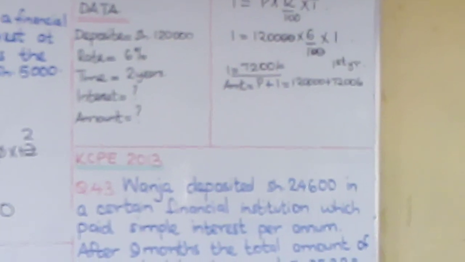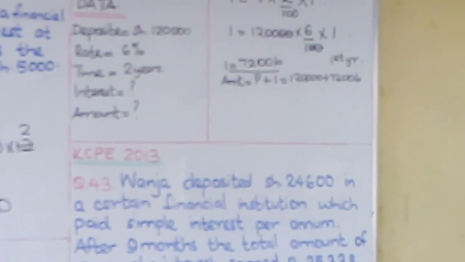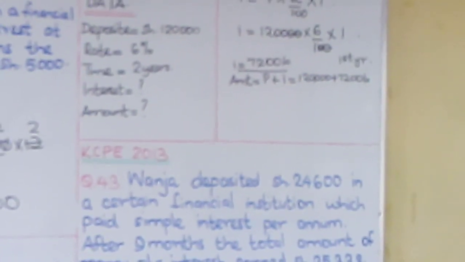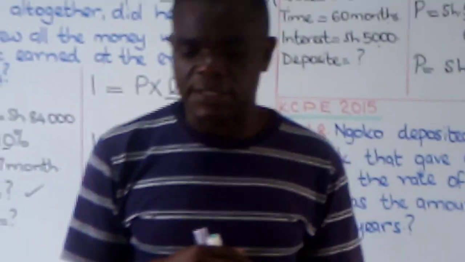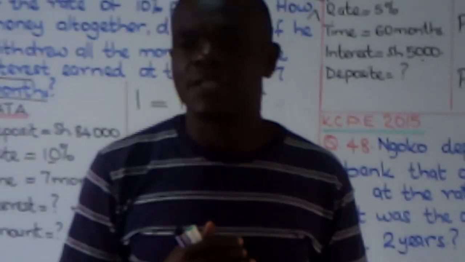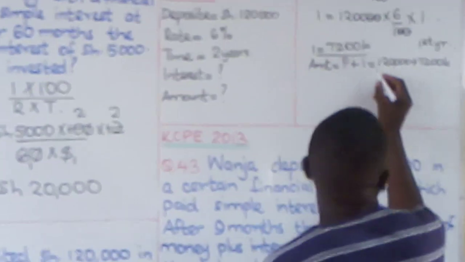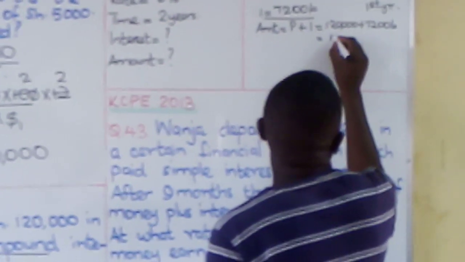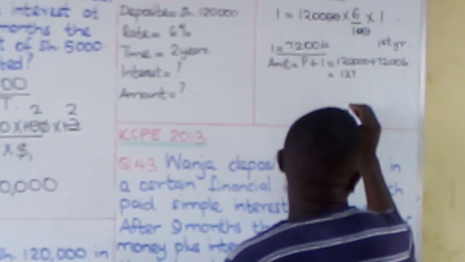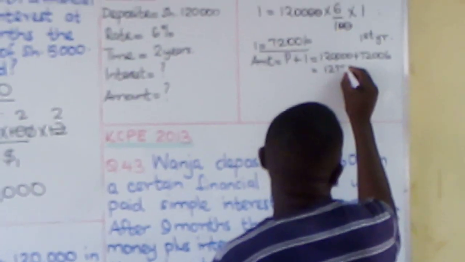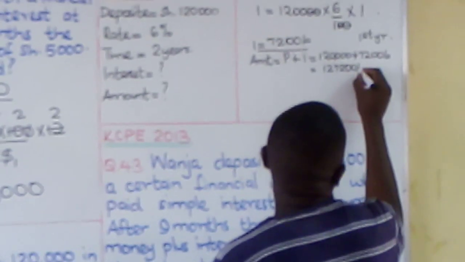Yes? Somebody help me get that. Who is ready? Yes, Serena. Very good. Now the amount here would be 127,200 shillings.